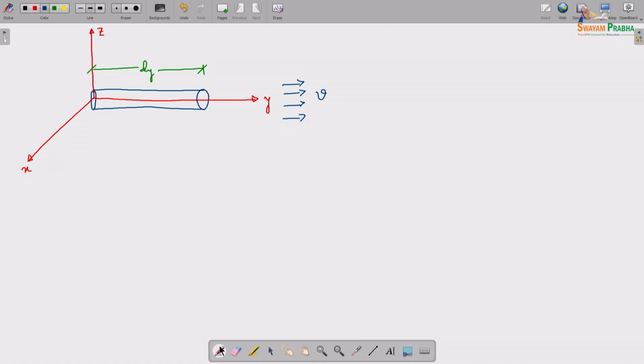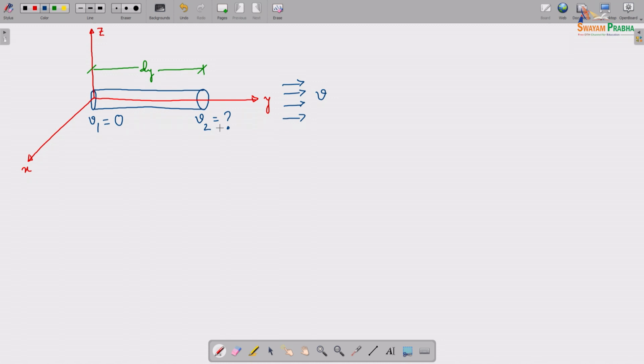Let's just say that fluid is moving, and we call this at this location. So what would this be?